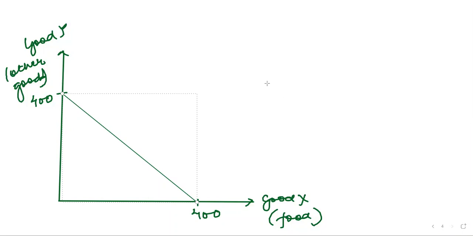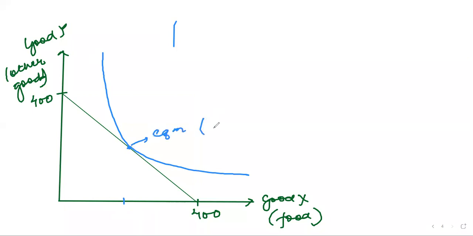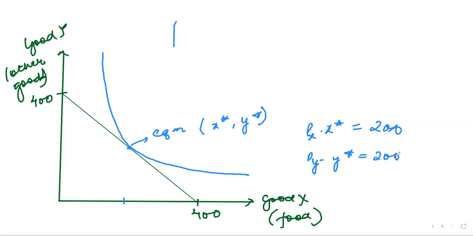So nobody is stopping you from having this as your budget line. Wherever this meets the equilibrium, you're consuming a certain amount of food and a certain amount of other commodities, but the money you spend on food is 200 and the money you spend on other commodities is also 200. You're spending equal amounts.